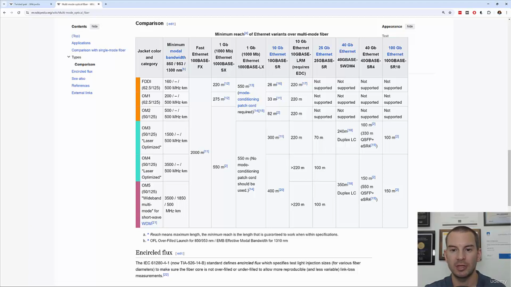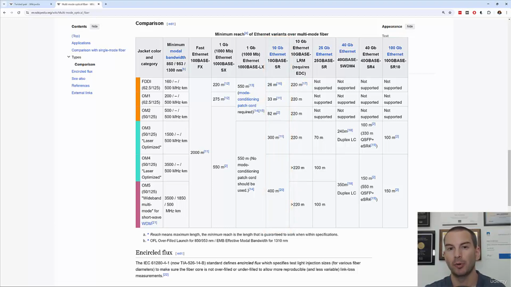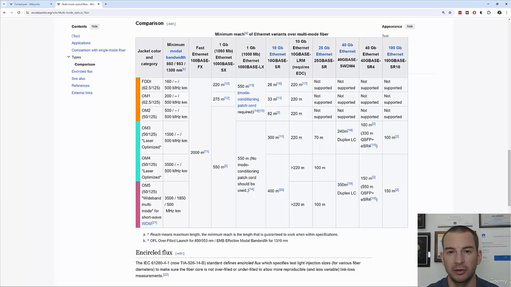So you can see for 10 gigabit Ethernet, depending on the type of cable we're using, it can go up to 400 meters. 100 gigabit Ethernet is supported on fiber as well, not supported on copper yet, and that can go up to 150 meters. So looking at multi-mode fiber, you're looking at a maximum length of a few hundred meters.